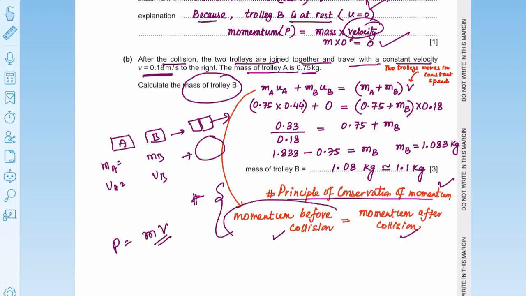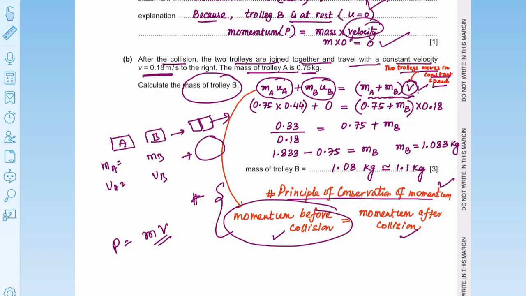So momentum before collision means momentum of trolley A plus momentum of trolley B, which equals, after collision, (mA plus mB) times v. Why? Because the two trolleys move at a constant common speed. Got it? If they had gone at different speeds, then I would have written mAvA plus mBvB in that case.